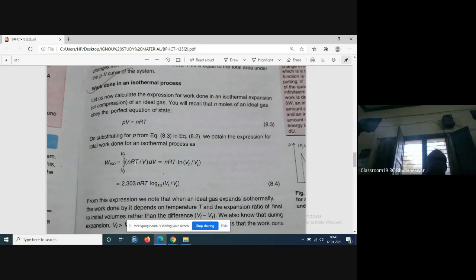nRT by V, this is the expression of pressure we put here. nRT by V into dV. Okay, nRT, they are constant. They can be taken out of the integration.